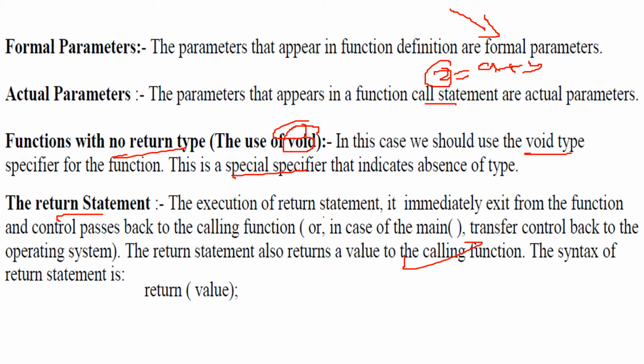After the execution of this return statement, the function will terminate, that is, it will exit, and control is passed back to the calling function. In most cases it is main, so control is transferred back to the operating system, right? The return statement also returns a value to the calling function. The result is returned, and the syntax is simply return and that value in parentheses.